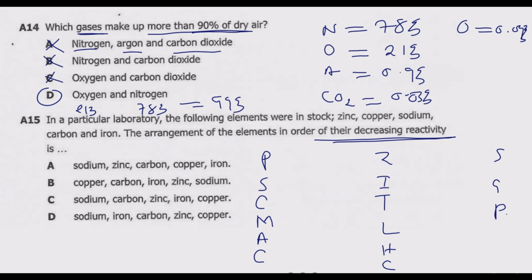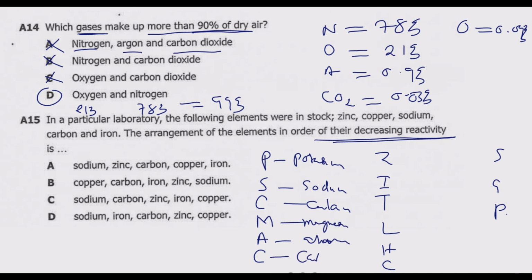So what you notice here is, this is potassium, then this is sodium, then of course we have calcium, then magnesium, then aluminium, then this is carbon, which is one of the special non-metals.